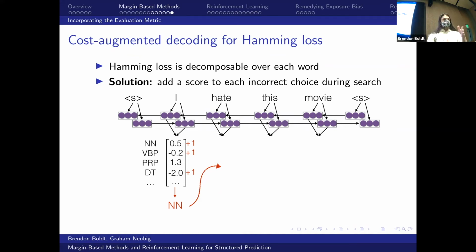Of course, you could one-up this Hamming loss if you're doing part of speech tagging and say that nouns and pronouns are pretty similar, so we're not going to add a +1, we might add a +0.5 in this case. So at different levels, you could be incorporating different levels of error.